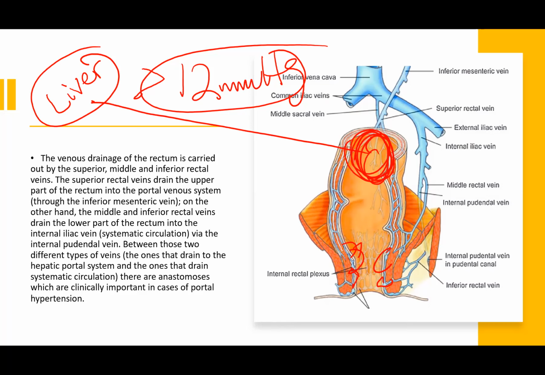And you know, the inferior mesenteric vein drains into the splenic vein, and the splenic vein unites with the superior mesenteric vein behind the neck of the pancreas to form the portal vein. You can see this will just drain into the liver, while those located in the middle and lower third commonly drain into the lungs.